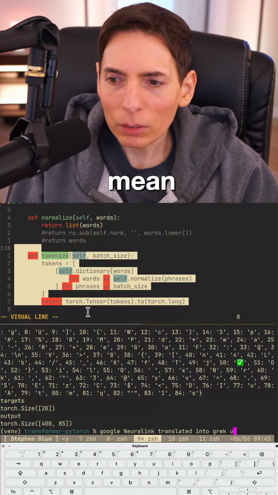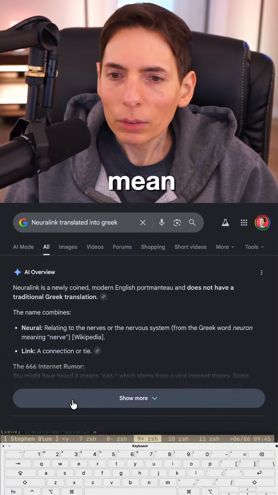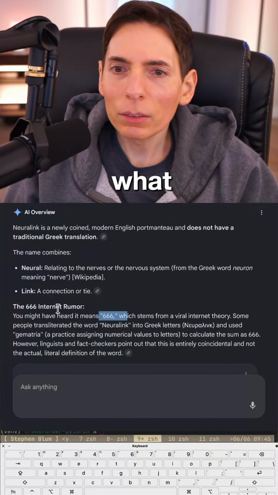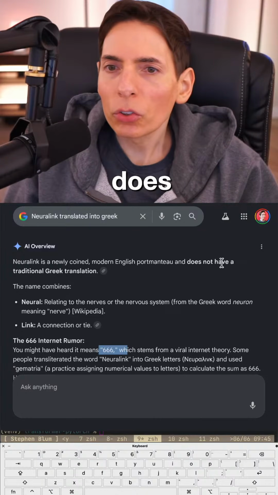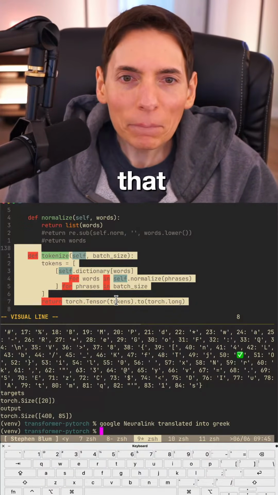Wait, what does that mean? Oh, it means 666. Wait, what? Neuralink, a newly coined modern English word, does not have a traditional Greek translation. All right, so we're done with that. It didn't work.